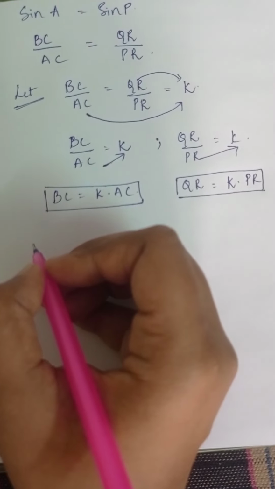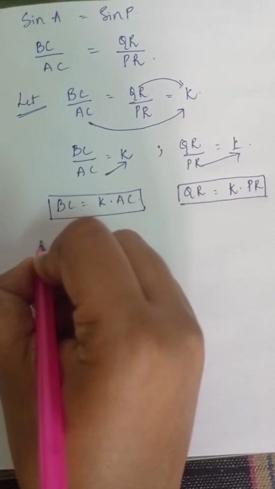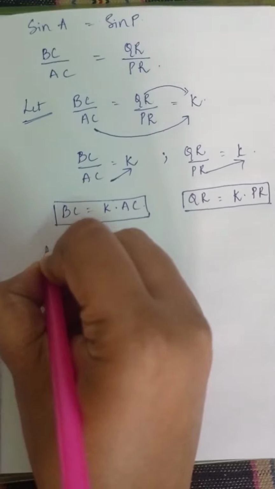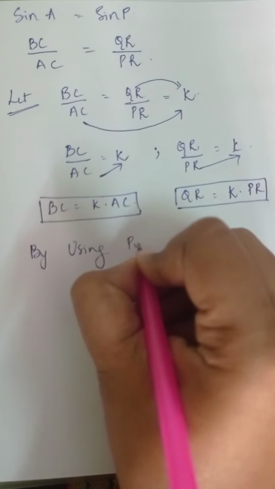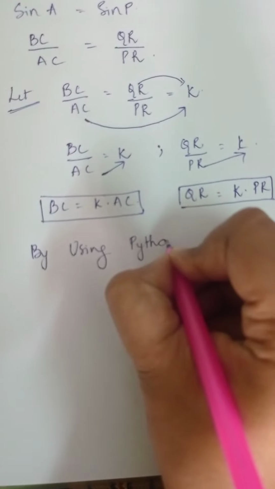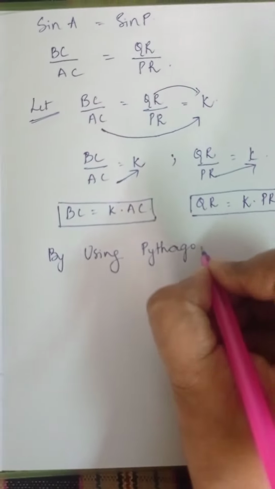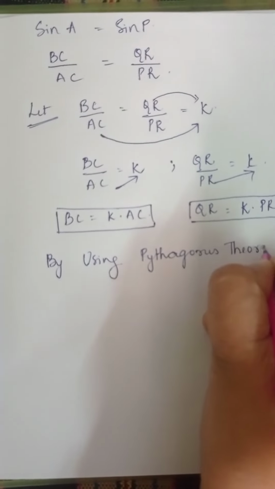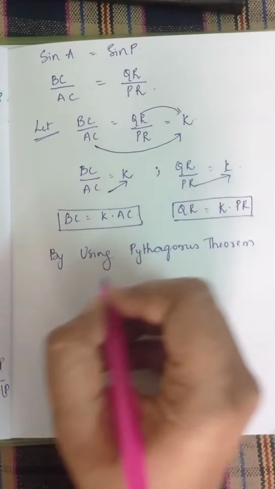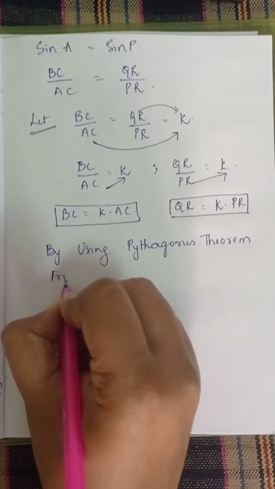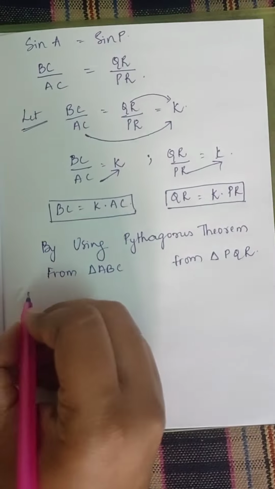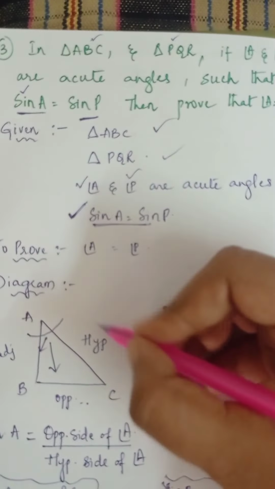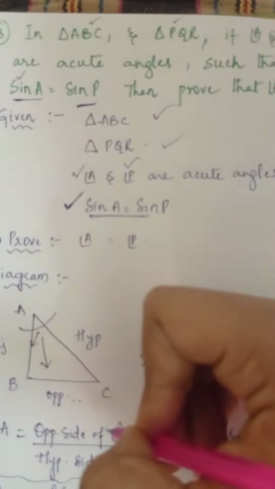So by using the Pythagoras theorem, from triangle ABC, we can see AC square is equal to AB square plus BC square.